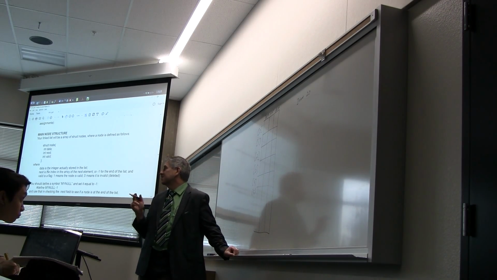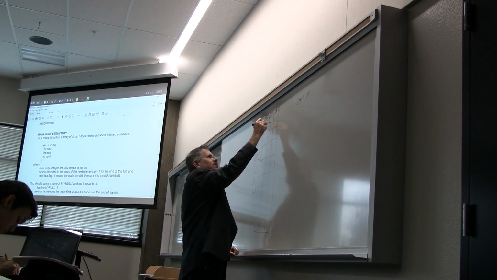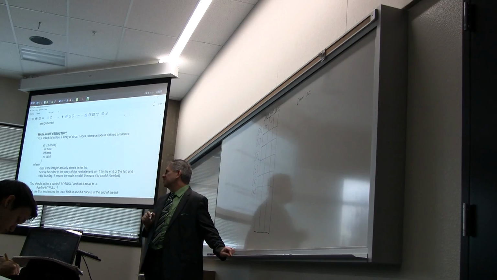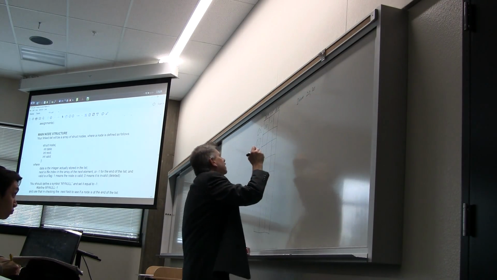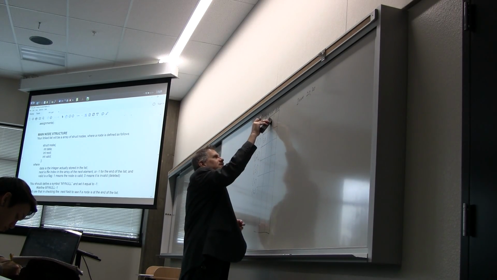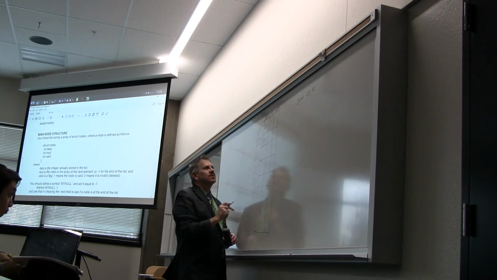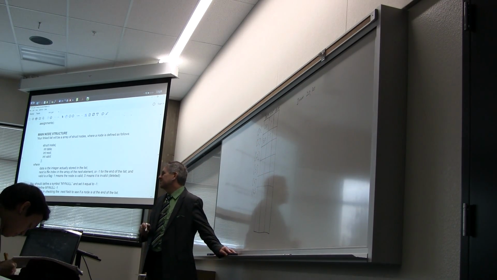Let me start with the first version, and then we'll go back and do it the right way. The first version was we would put the number 20 here, and we'd say there's no next piece of data. And then if you want to insert the number 30, that would go down here. We would change this thing to say the next piece of data is at index 1, and the piece of data following 30, we put a -1 to say there is no next piece of data.